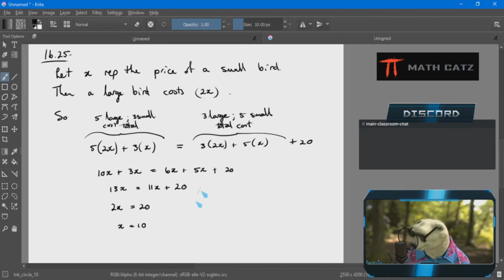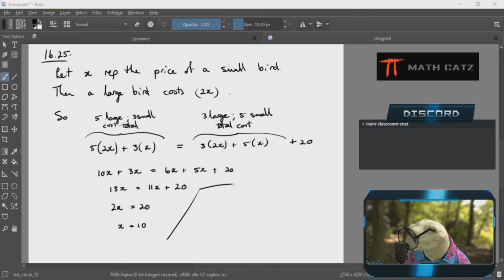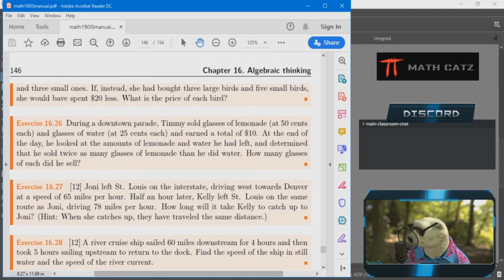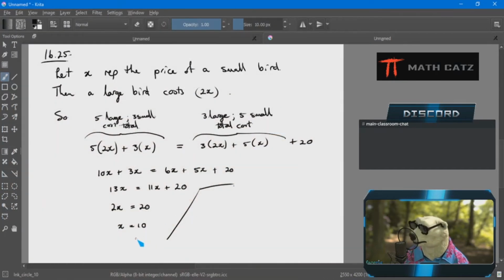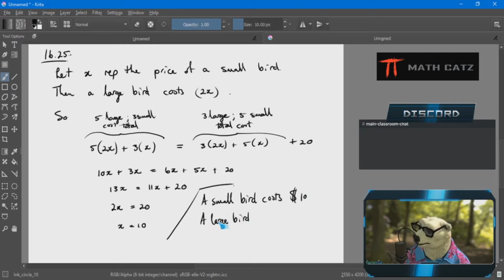Just to keep everything on the screen, I'll write my concluding sentence over here. Now it's good to check the question. What is the price of each bird? Okay, so the price. X represents the price. So a small bird costs $10. A large bird costs double, of course, $20.